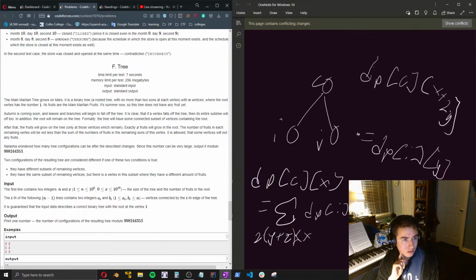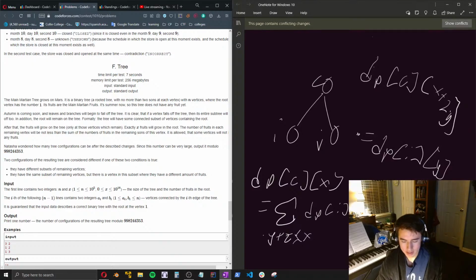The number of fruits must be less than the sum of the number of fruits of the remaining sons. So that is the direct children, I guess. Okay, so we're going to say instead just that.